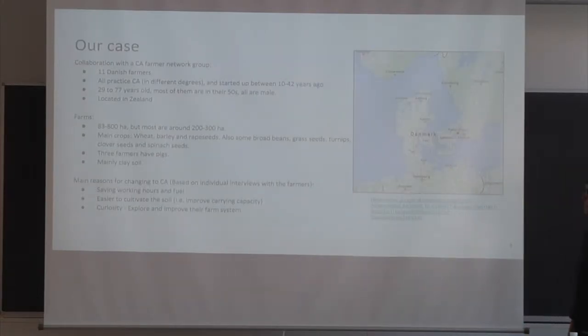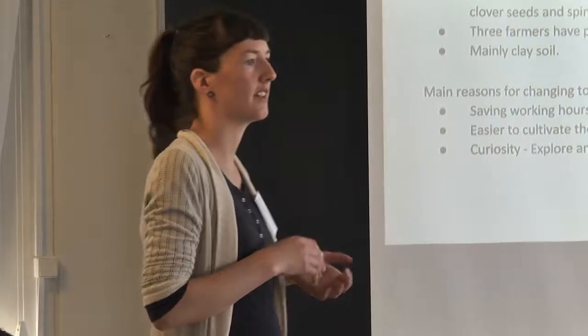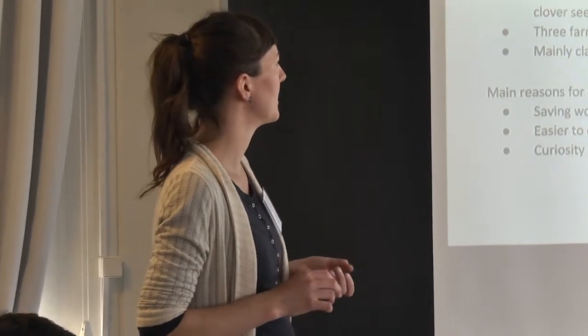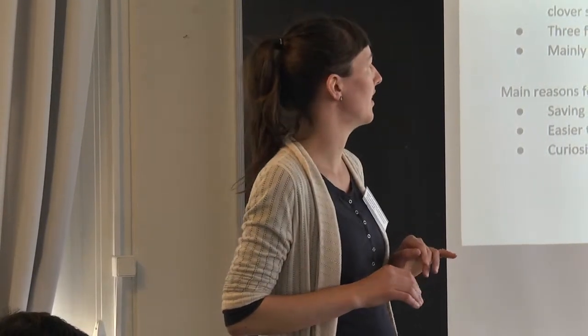We work with one case, a group of farmers who have known each other for some years from a knowledge sharing group. There are 11 farmers, and they all practice conservation agriculture, but to different degrees. Some are doing direct sowing, and some are still doing more or less disturbance of the soil.